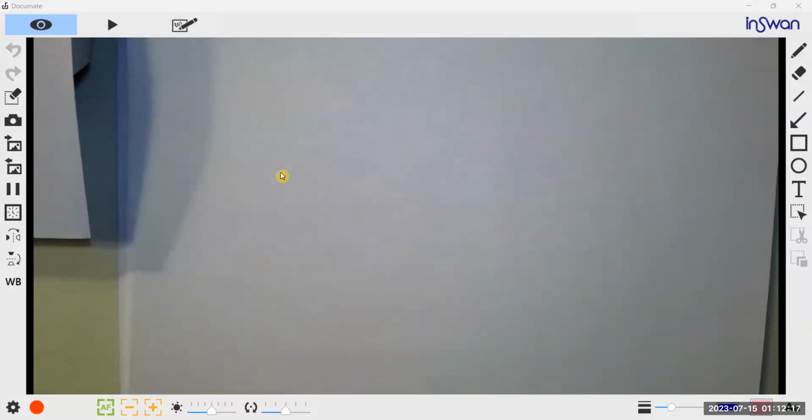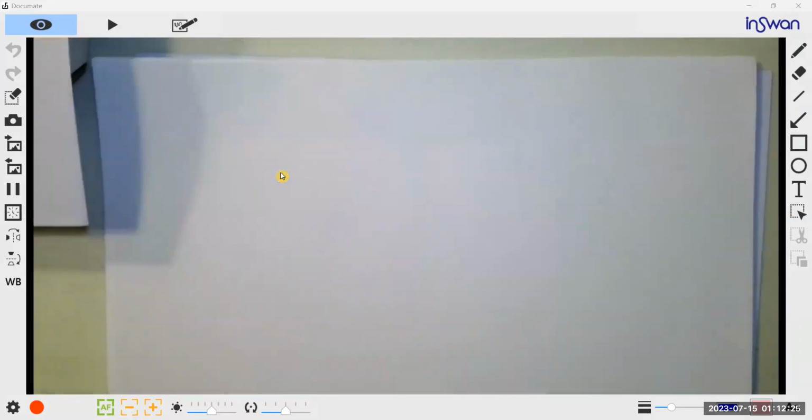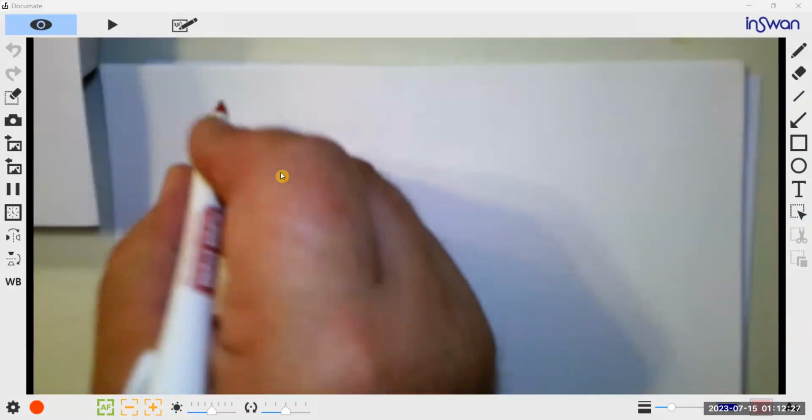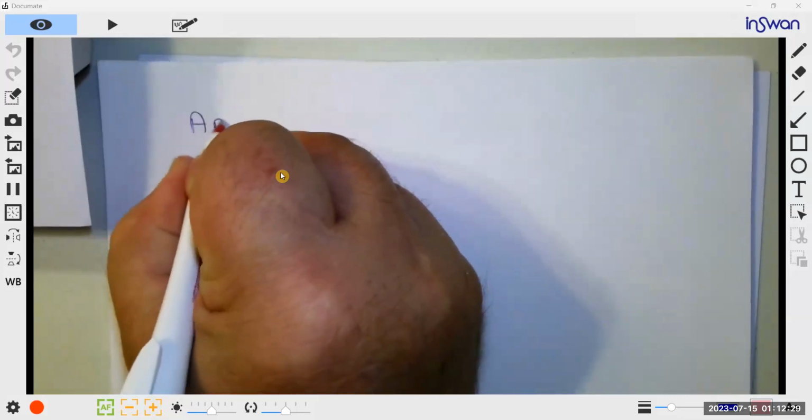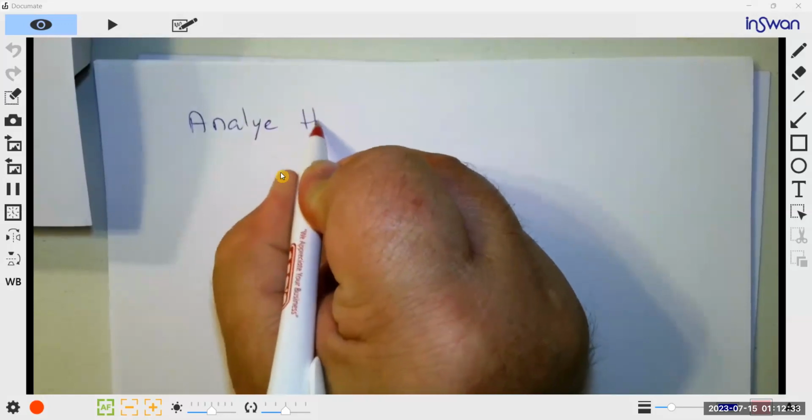All right, now let's look at, okay, we've determined our study. We've collected our data, our sample size, we've collected our data. Now we're going to look at how we analyze the data.